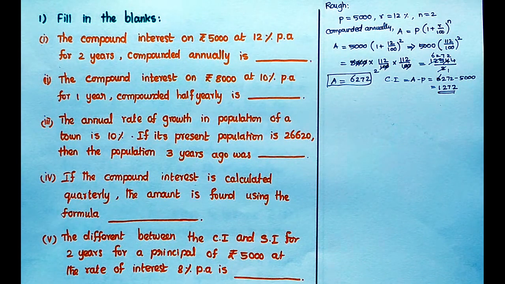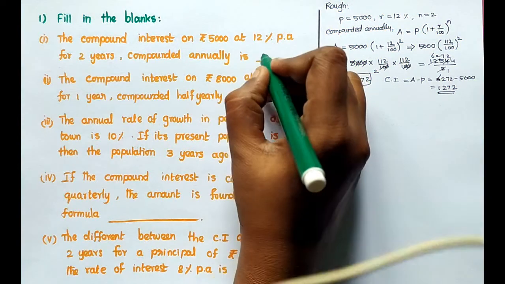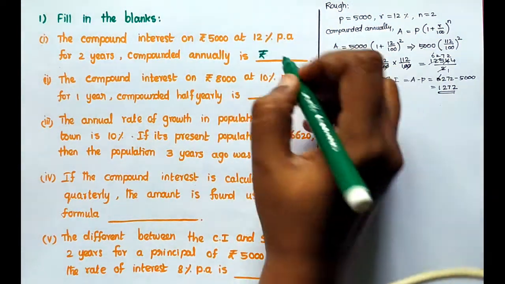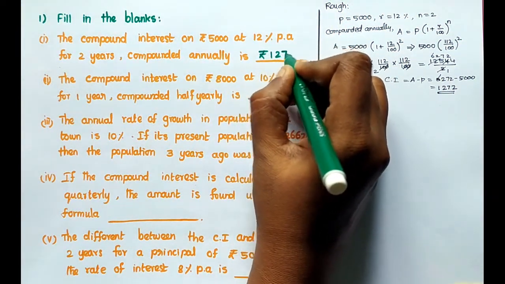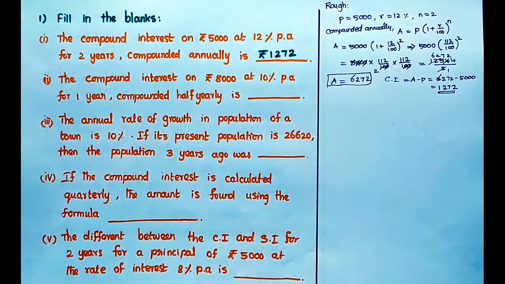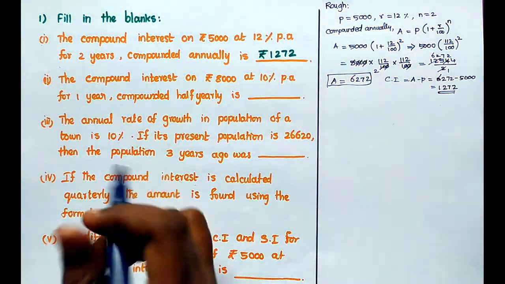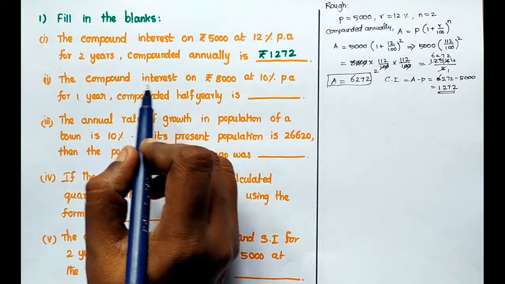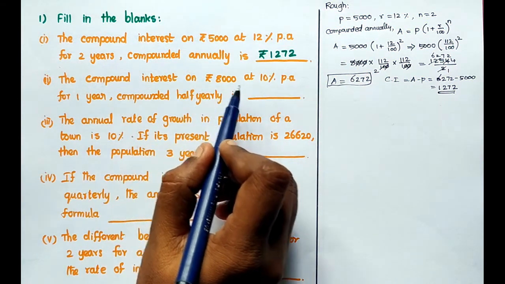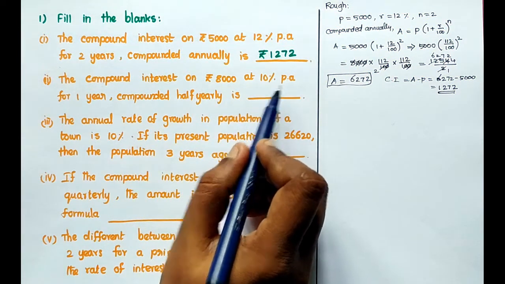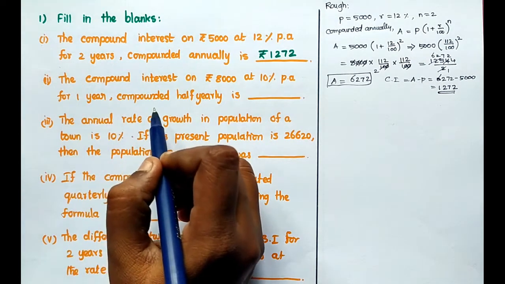Now first one answer is rupees 1,272. Next one, the compound interest on 8,000 rupees at 10% per annum for 1 year compounded half yearly.